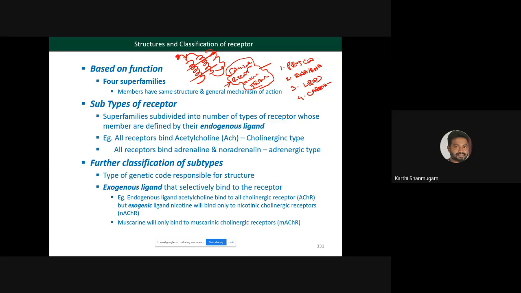So this messenger is called the first messenger.